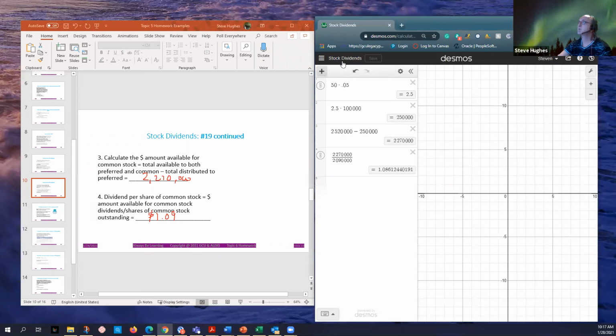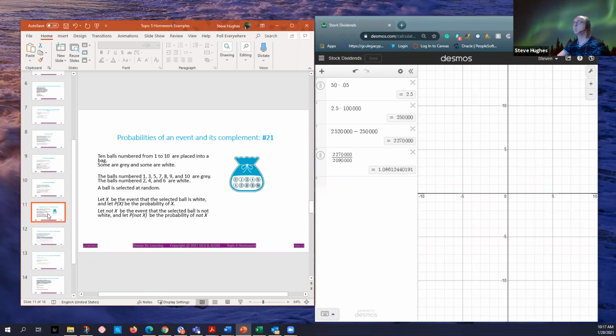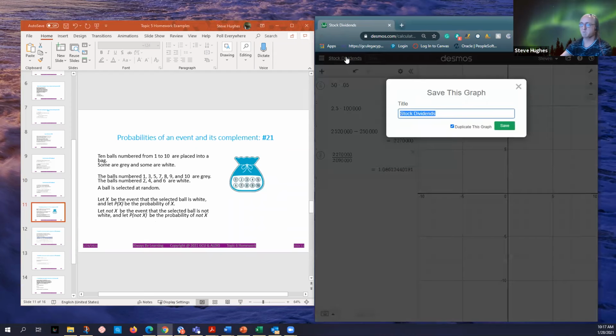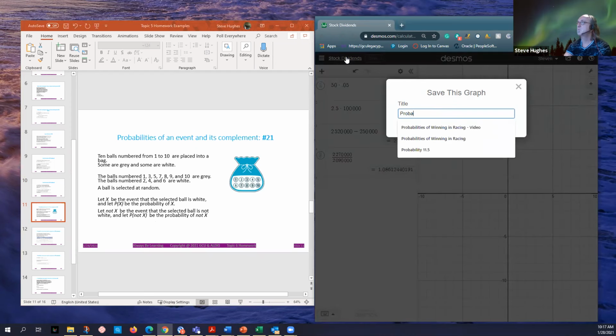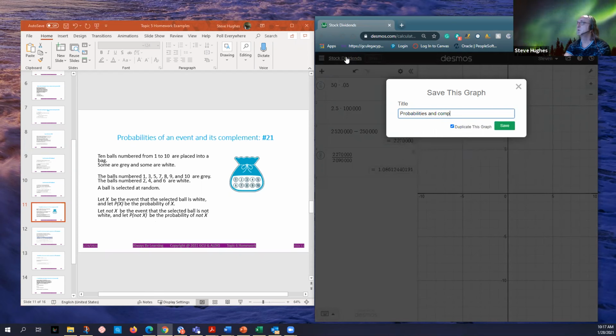All right, let's clear everything out here with our drawings. Let's keep going. Question number 21 is probabilities and the complement. So let's make a new graph. Probabilities and complement.